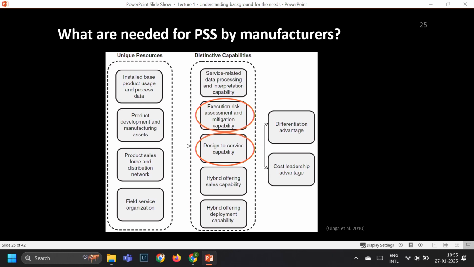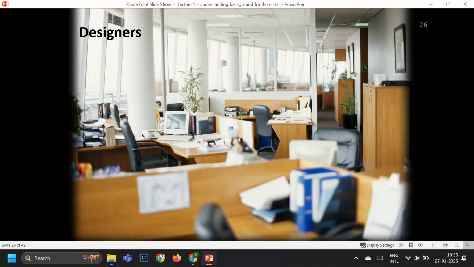Why I showed this is that, interestingly, different disciplines indicated that design is so important in this context, when manufacturers provide services in their business offerings. So this clearly indicates the importance of design in this context.